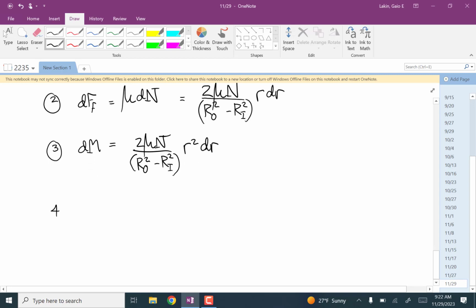And now finally, just integrate that. The total couple is the integral of this thing, you can pull out all those constants.